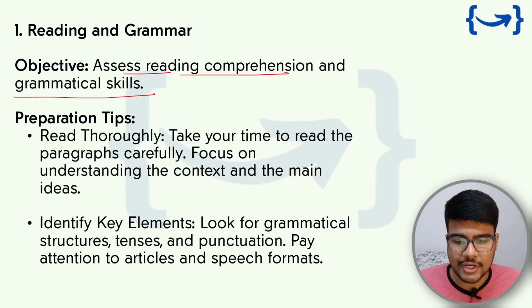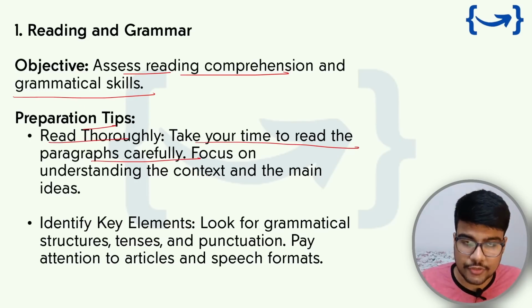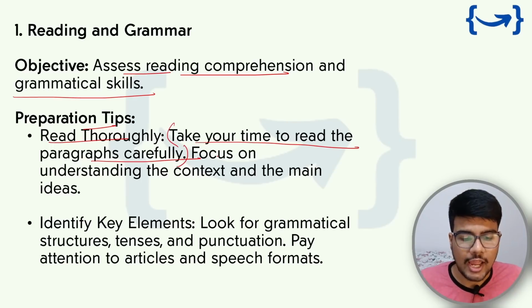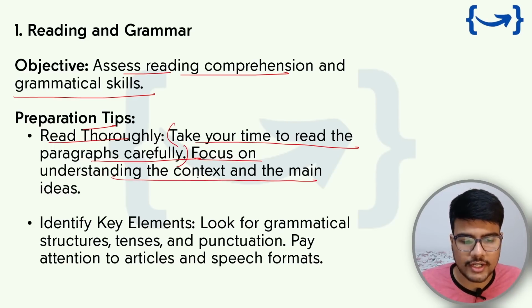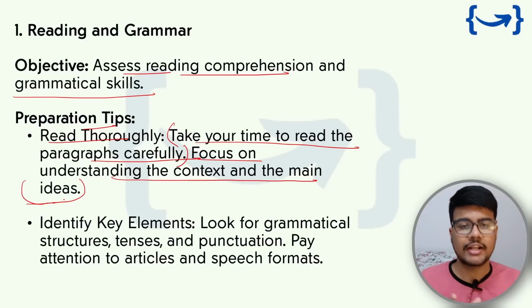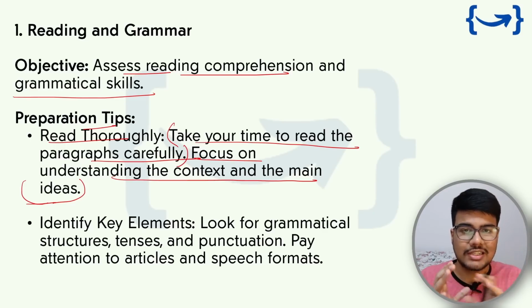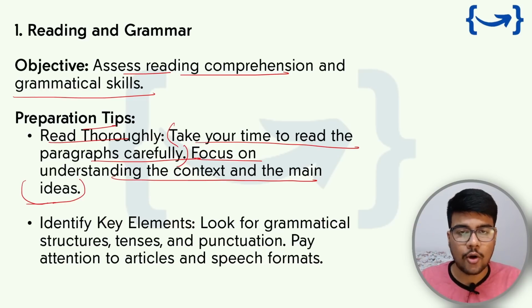So, preparation tips: read thoroughly. Take your time to read the paragraph carefully, which is an important tip, and focus on understanding the context and the main ideas. People often speak directly after reading the question, which should not be the approach. You should first read it, then think about what you want to say.